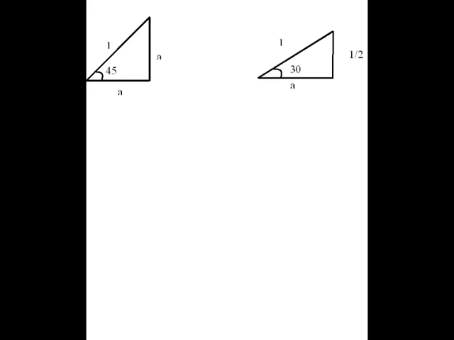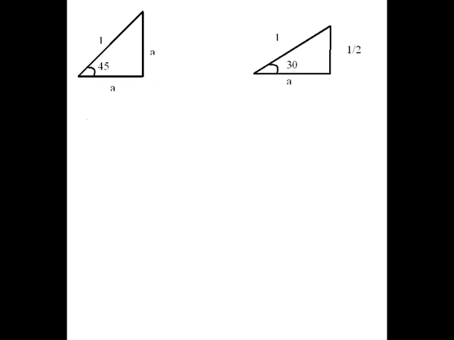Starting with the Pythagorean theorem for my 45 degree angle triangle, I have a squared plus the second side, which is a squared, is the hypotenuse squared, which is 1. Combining terms, I have 2a squared is equal to 1. A squared is equal, therefore, to 1/2. Or a is equal to the square root of 1/2, or if you prefer, the square root of 2 over 2.